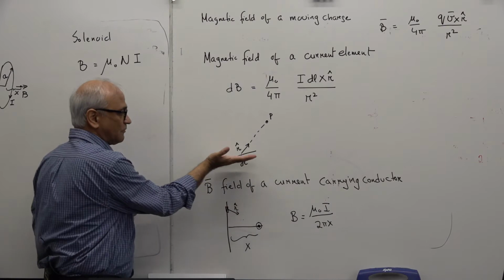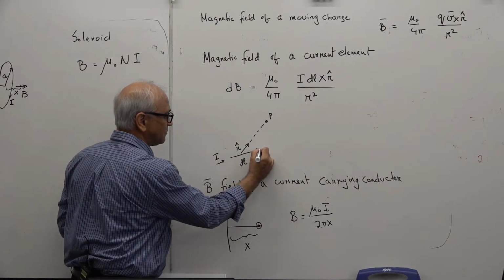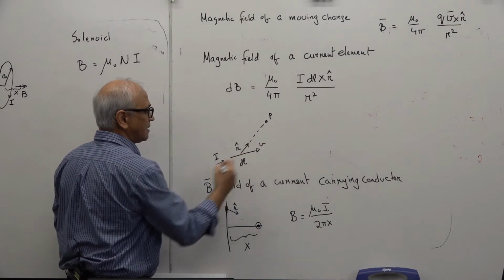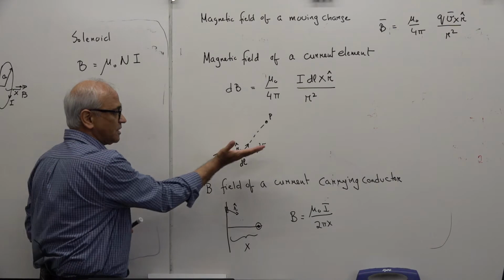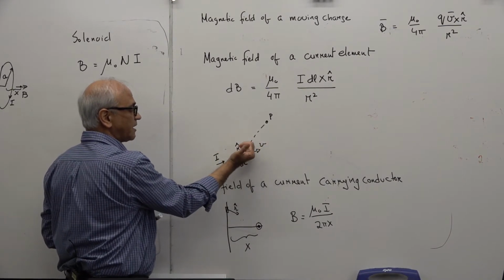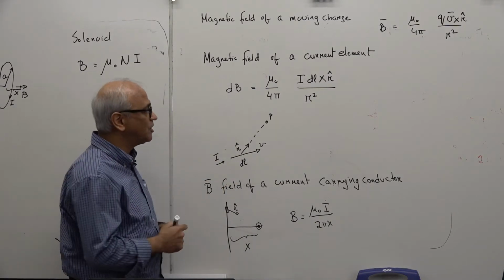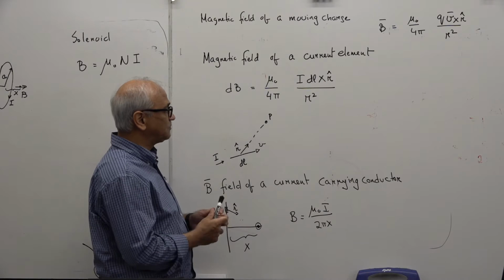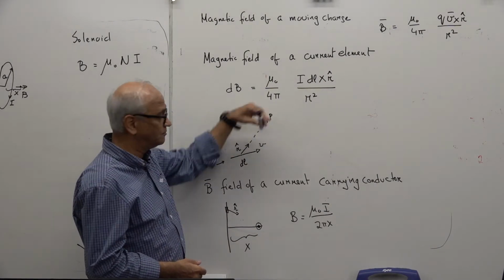I extend my palm towards the velocity, curl my fingers toward that unit vector, and then the thumb will point to the magnetic field direction. So in this case, the magnetic field will come out from the board.